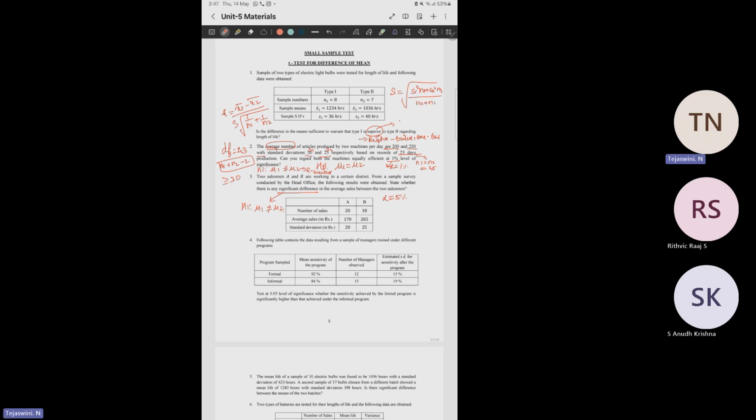Substitute in these formulas and then you'll get the value of t, based on which, if the value of t lies in the area of acceptance, you can accept it, else you can reject.